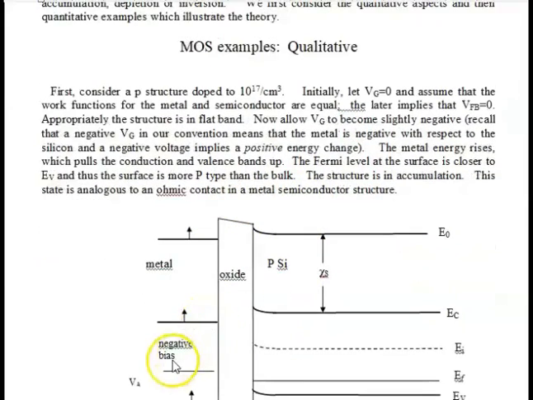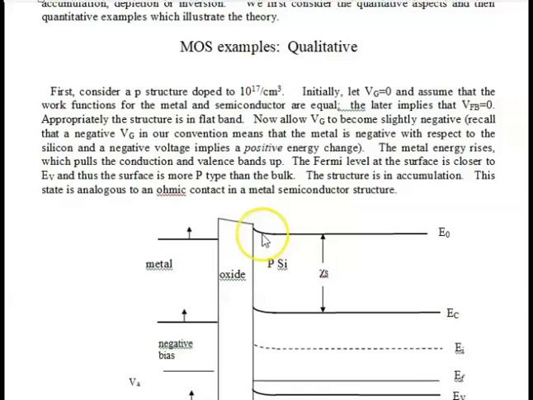And what happens here is, because this is negative on the gate metal, then the gate metal rises in value, and we have a situation where we have a negative slope on the oxide and a negative slope on the bands in the silicon.